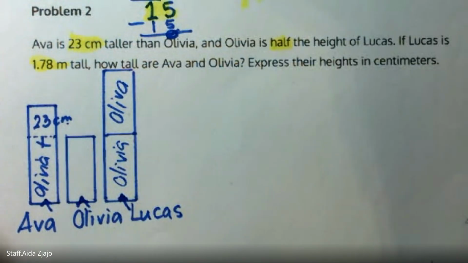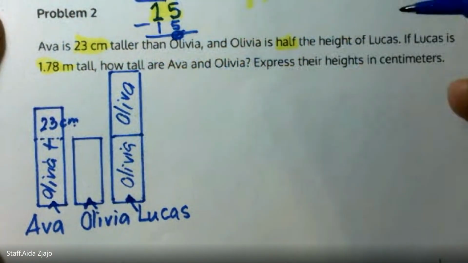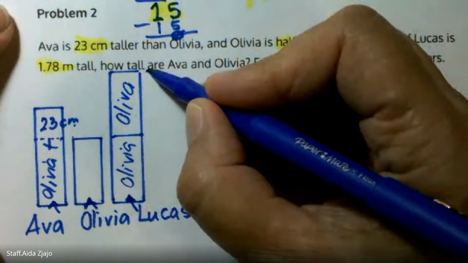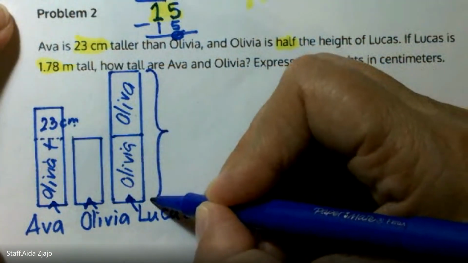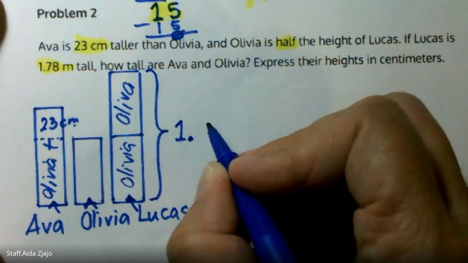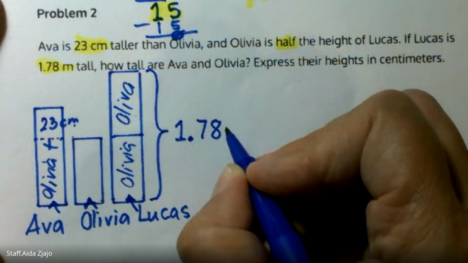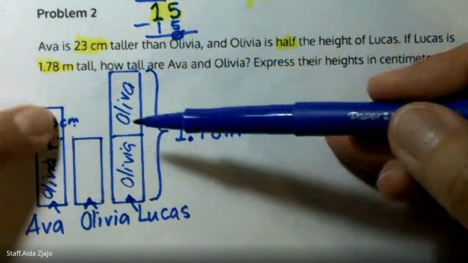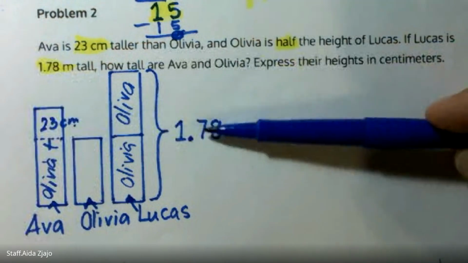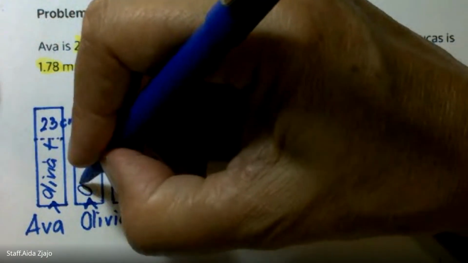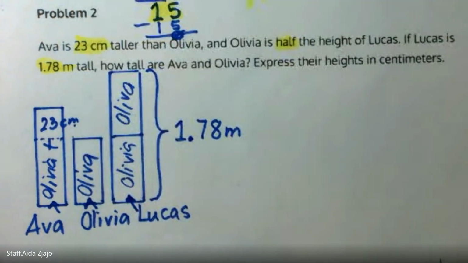Now they gave us how much Lucas is. They gave us that Lucas is 1 whole meter and 78 centimeters. So now we know that Olivia is half of that.